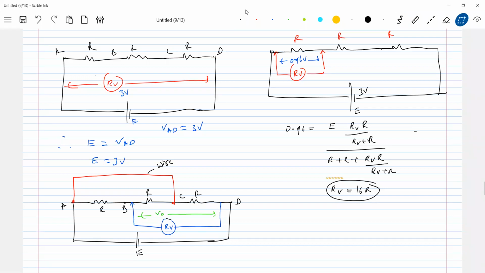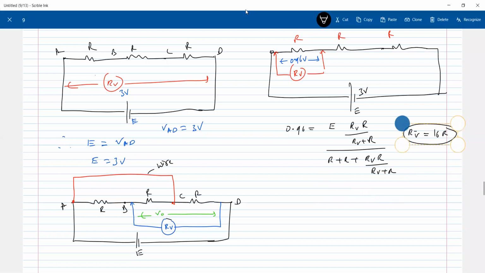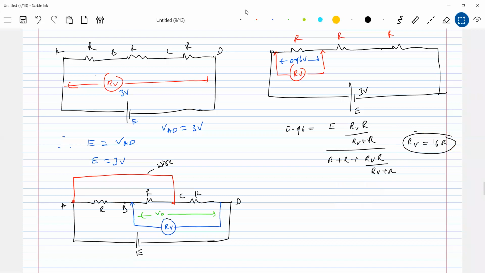I'll show it here only. So B and C. Whenever the wires come, better go for redrawing the circuit. It'll be much easier. This is B. This is C. Between B and C, there's a resistor. Then there's a point A. Between A and B, there's a resistor.